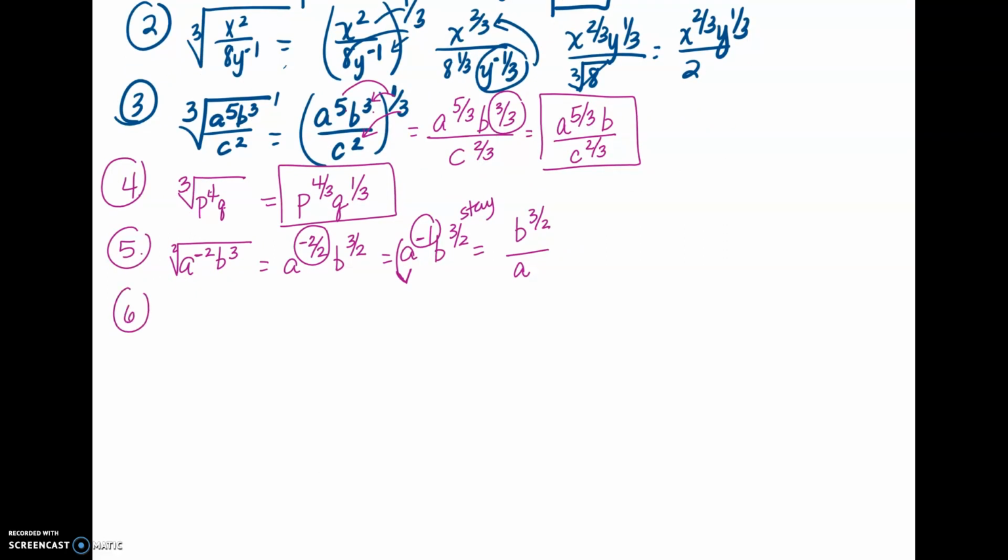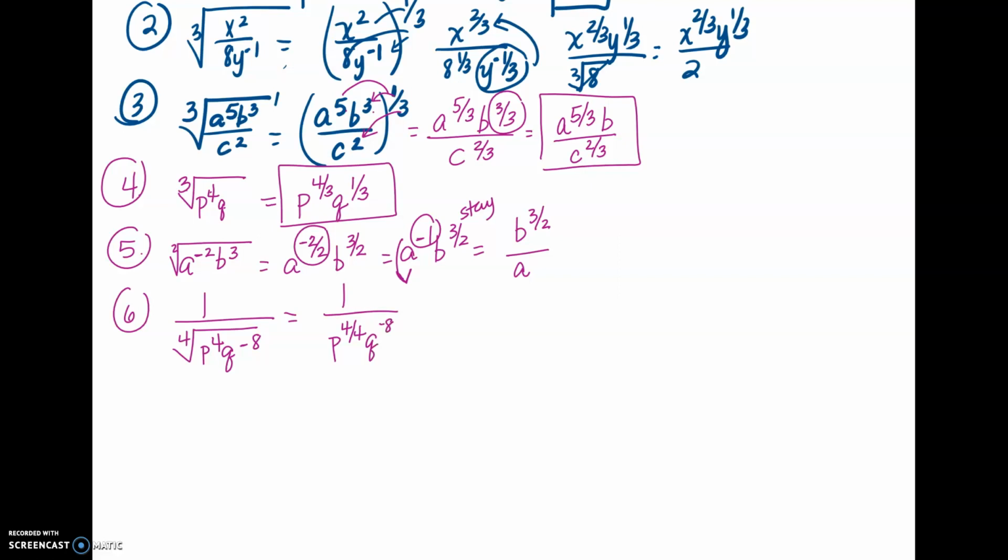Number 6. Let's do this one. 1 over the 4th root of p to the 4th q to the negative 8. Nothing's happening in the numerator. It's staying a 1, but I'm going to take it out of radical form. So it's p. It's raised to the 4th power. It's also the 4th root.